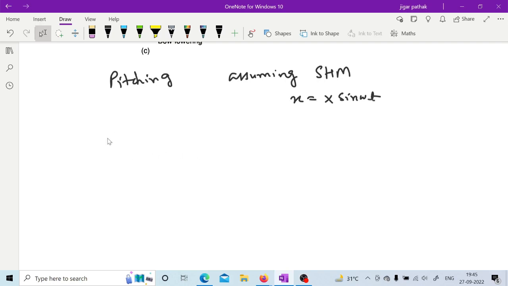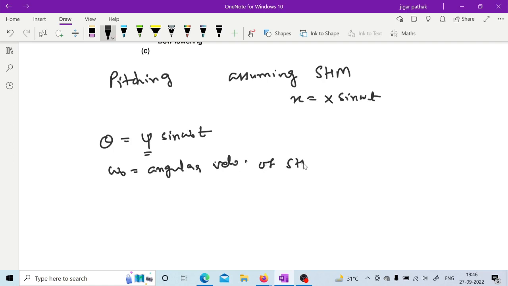So here, for pitching of this ship, you can take the relation theta equal to phi sine omega 0 t, where phi is the maximum angle, as x is the maximum amplitude in that case. Similarly, omega 0 is the angular velocity of SHM, equal to 2 pi by whatever time period you have.